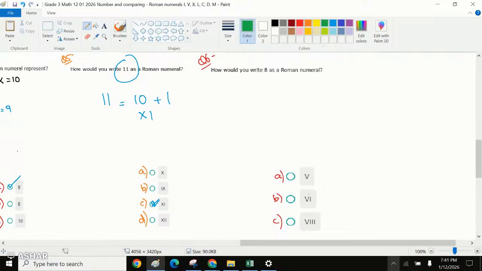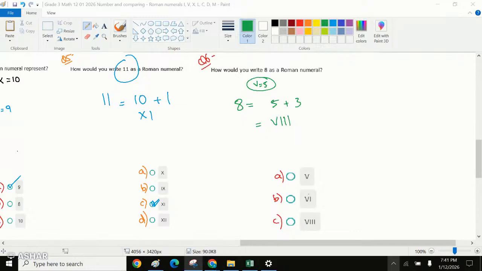And we know that V equals 5, right? So can I say 5 plus 3 should be equal to 8? Yes, thank you, Biruk. This would be VIII.